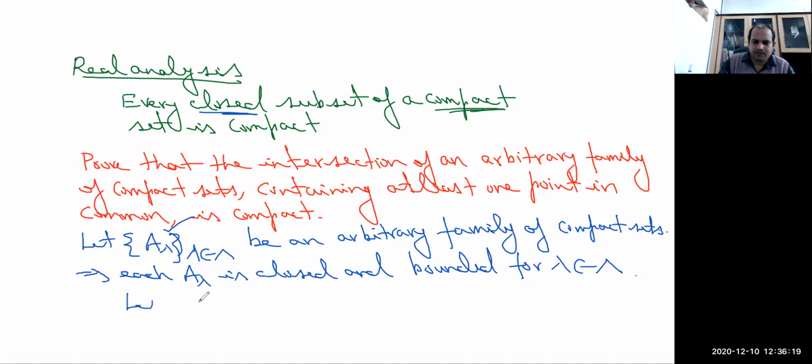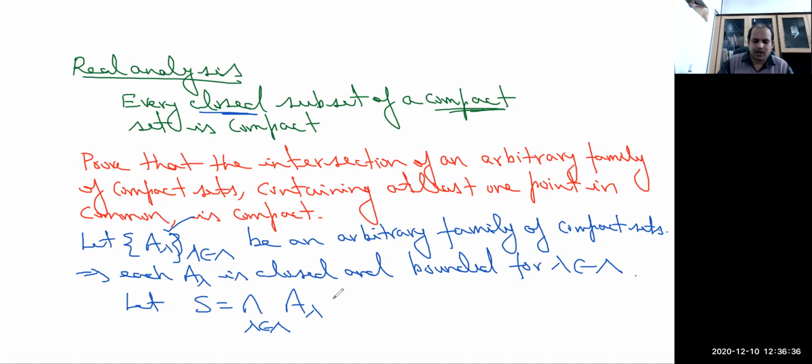Now let us denote their intersection, the intersection of all these compact sets, by S.